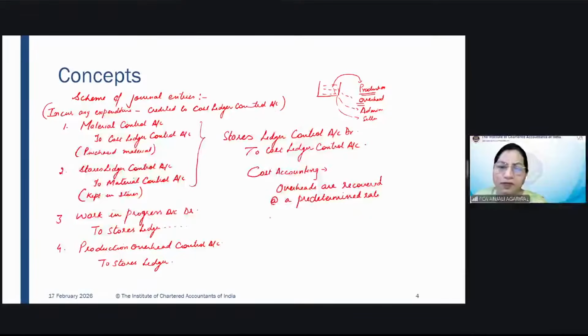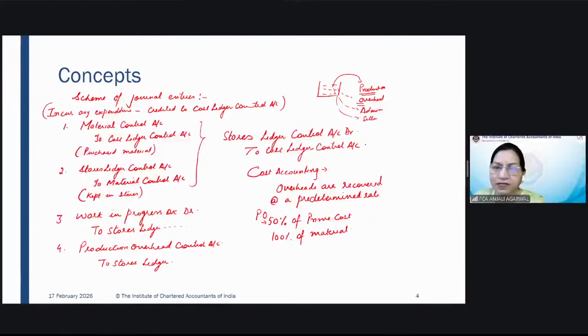Let's say it could be 50% of prime cost. Production overheads are 50% of prime cost or 100% of material cost, whatever it is. So whatever be the absorption rate, what is incurred will be different and what is absorbed or recovered will be different.